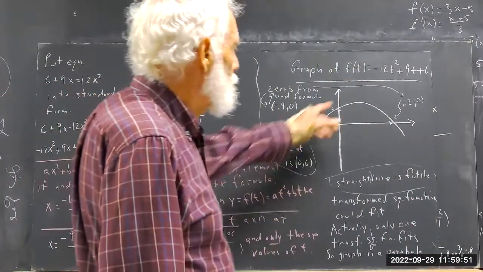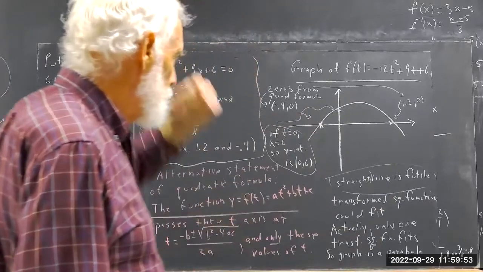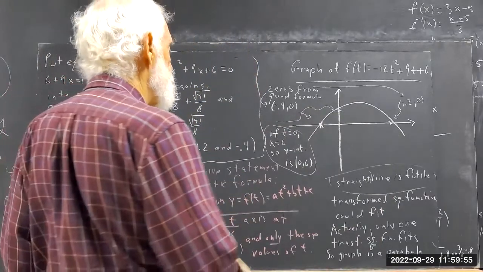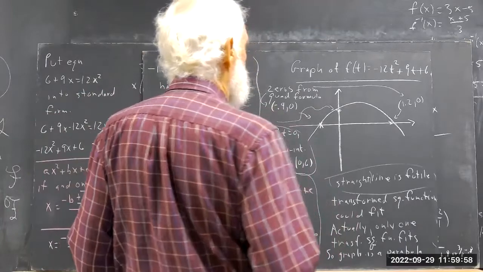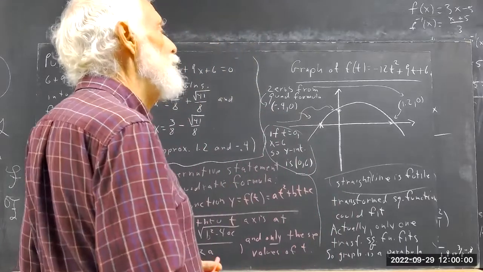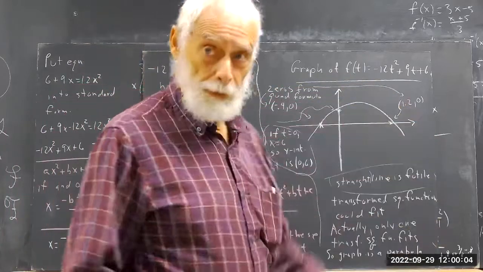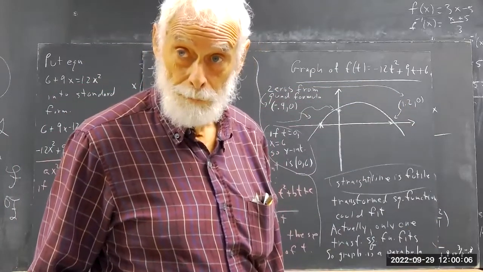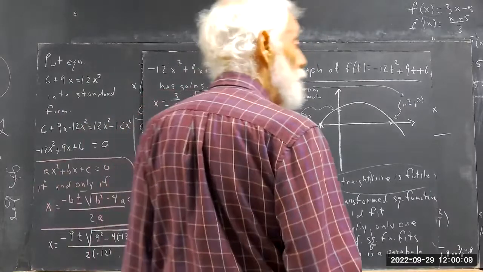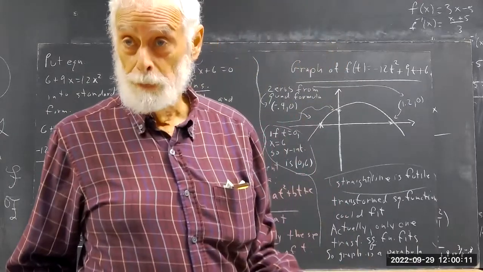Okay, we've got 3 points. I'm running out of board space to make notes. I'm going to ask you to do one thing. This parabola is symmetric about a line. We call that line the axis of symmetry.